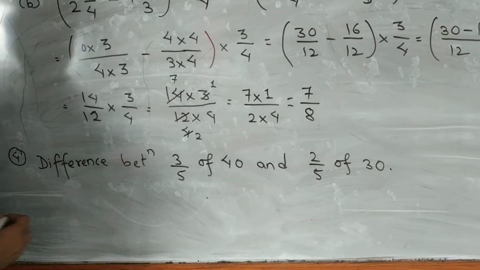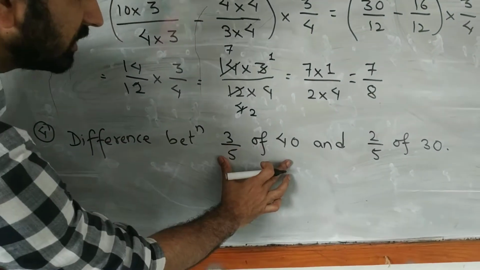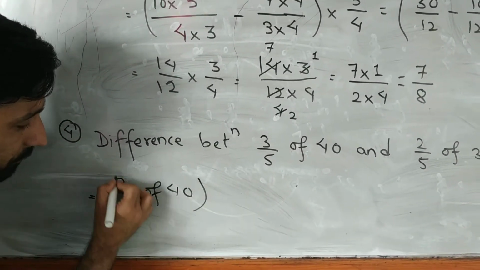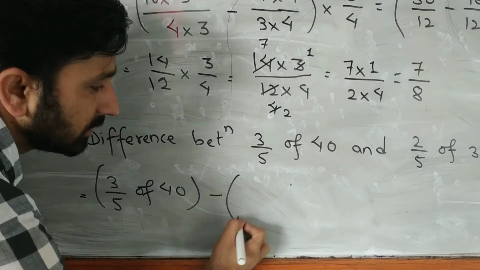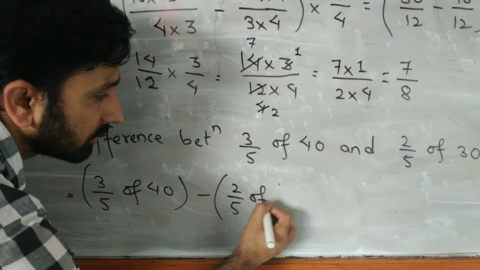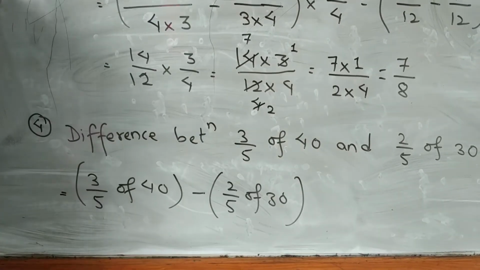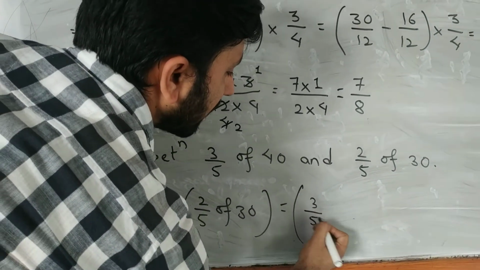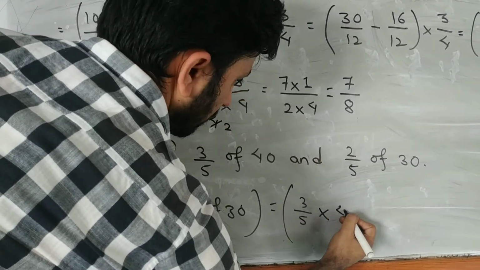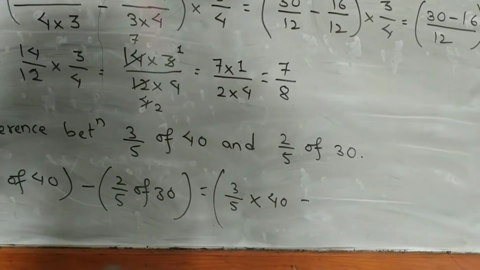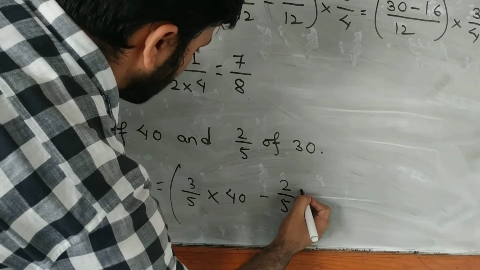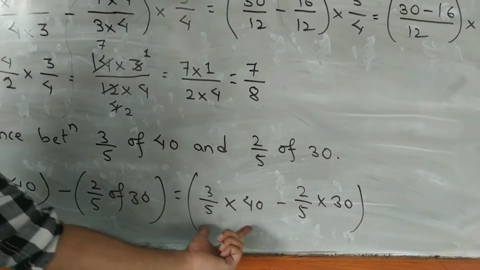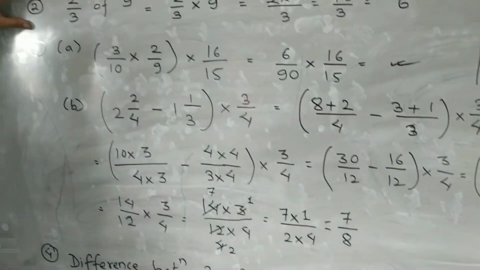That means it's very easy. Now we have already studied 3 by 5 of 40 minus 2 by 5 of 30. Now this is the same as the workout in question number 2.